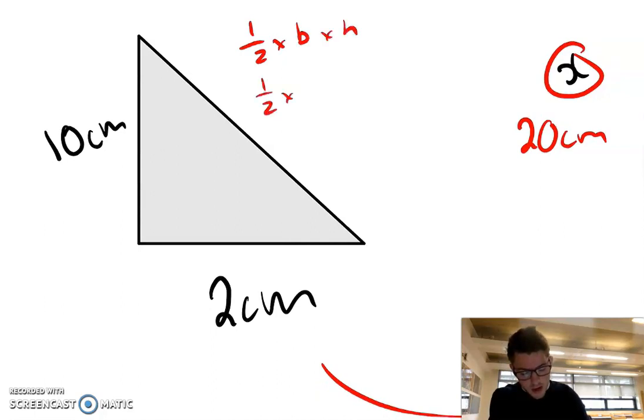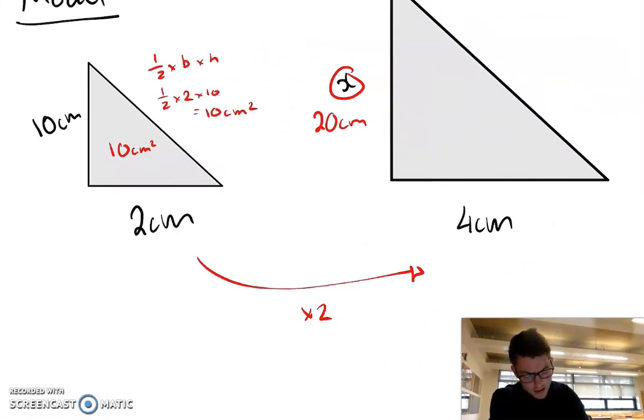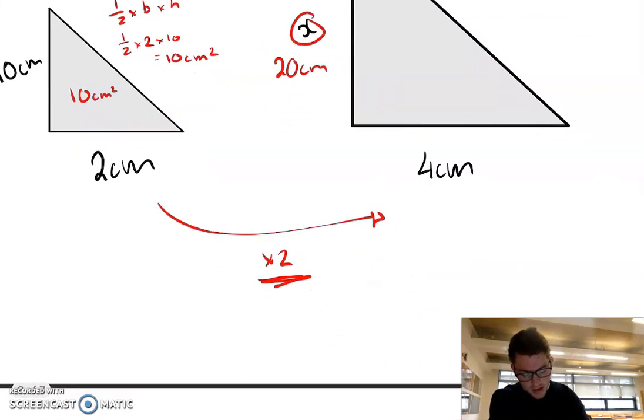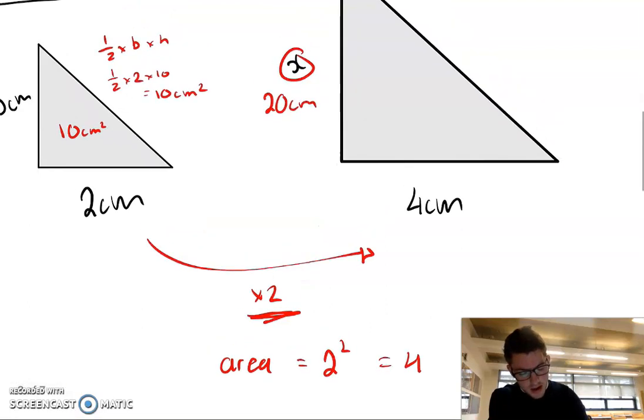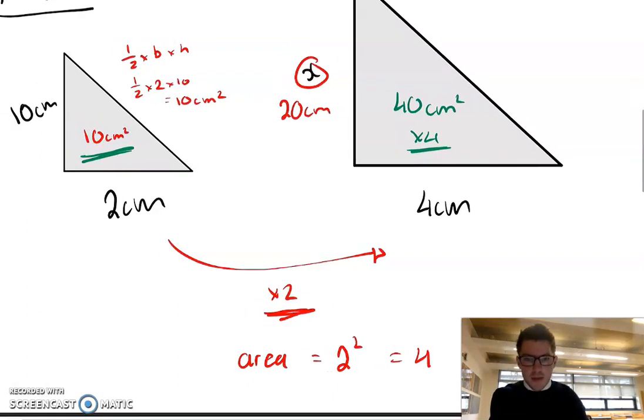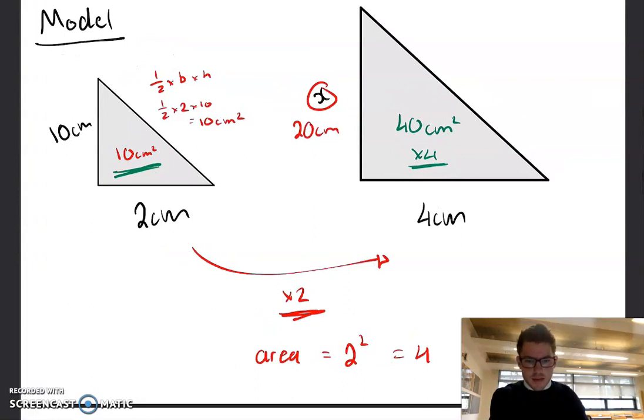So half times 2 times 10 equals 10 centimeters squared. Well, if it's 2 times as big, the area is going to be 2 squared times as big, which is 4. So this area here has to be 40 centimeters squared, because it has to be 4 times as big as this area here. And that's what we're looking for there.